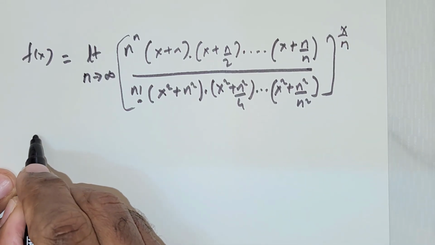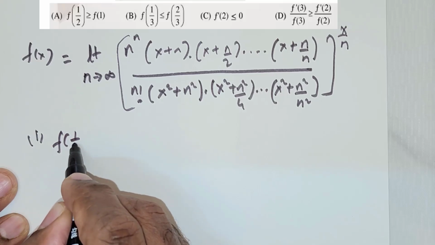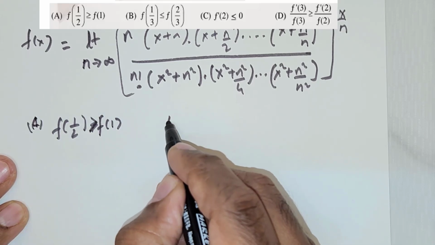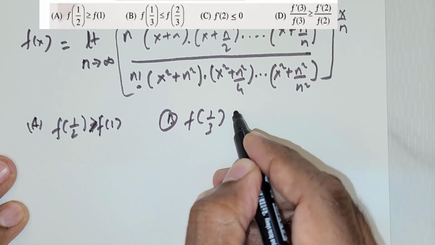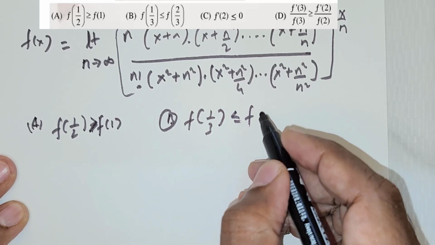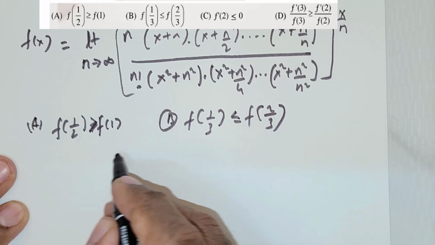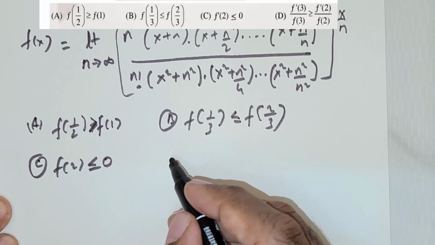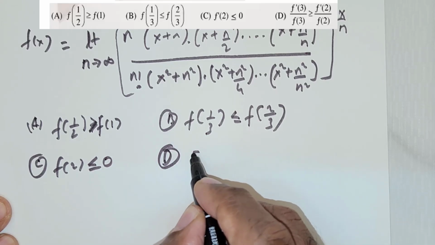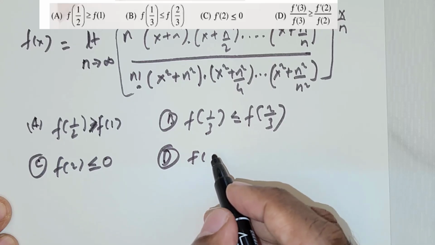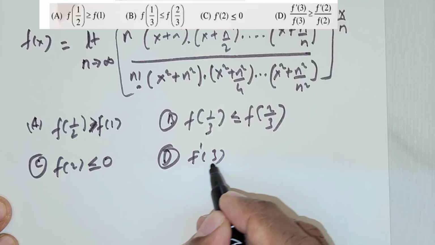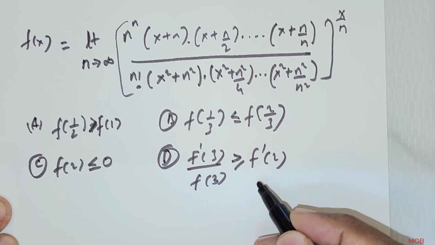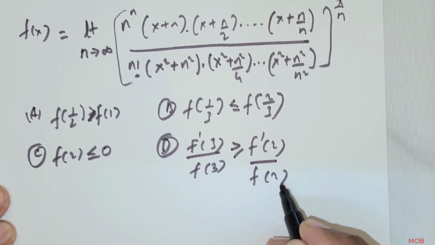Now we are given 4 choices. The first one, A, is f of 1/2 is greater than, and B is f of 1/3 is less than or equal to f of 2/3, and C is f of 2 is less than or equal to 0, and D is f dash of 3 over f of 3 is greater than or equal to f dash of 2 over f of 2.